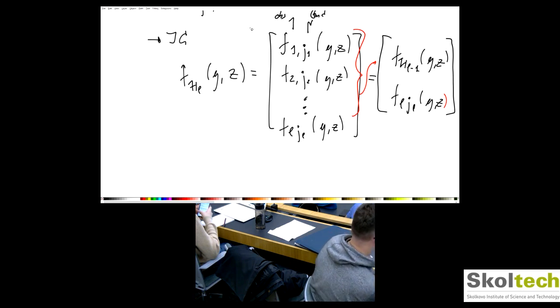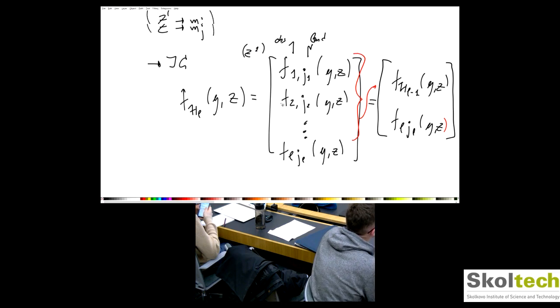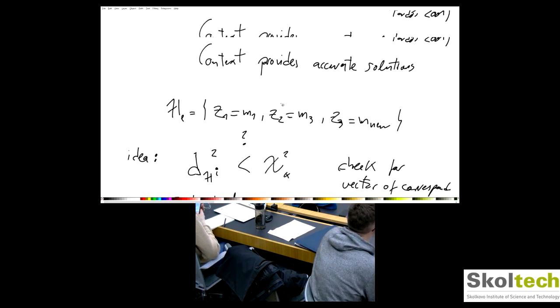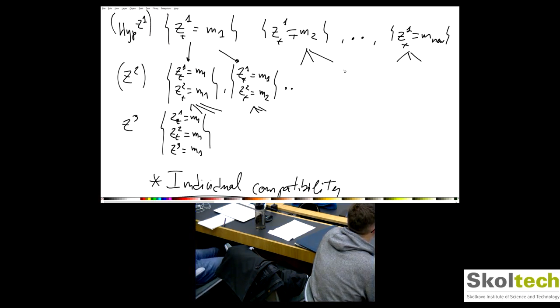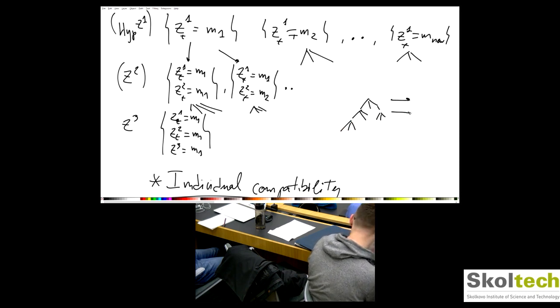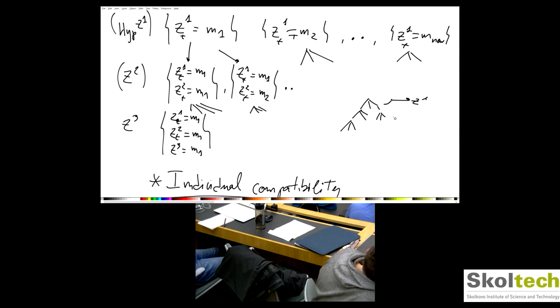Yes, this is for observation 2, so you need to do this for each observation. It's actually a good comment, so I'm going to spend a little more time on it. If you go to the tree as it is built, this is the first observation, this corresponds to the second observation, and this corresponds to the third observation.